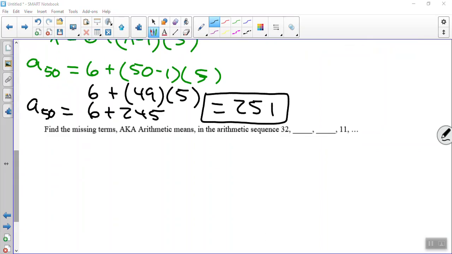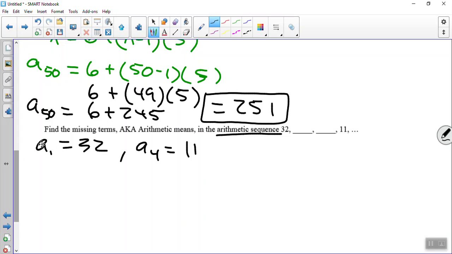All right, so I want to find the second and third terms here. I know that a sub 1 is 32. But I don't know what the difference is because there's no next term. But I do know it's arithmetic, so it has to be the same difference between each one. I know that the fourth term equals 11.